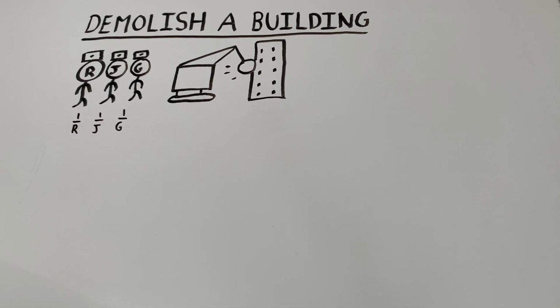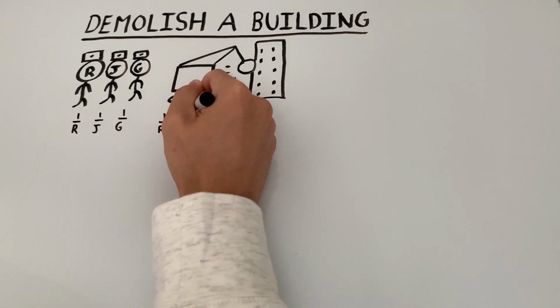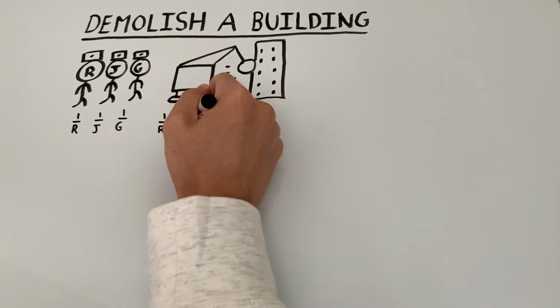Now since we know that Rachel, John, and George work together for 1 day before Rachel gets injured and can't come back, then we would really like to find out how much of the building they destroyed that day. So it would really help us if we could find out what 1 over R plus 1 over J plus 1 over G is.